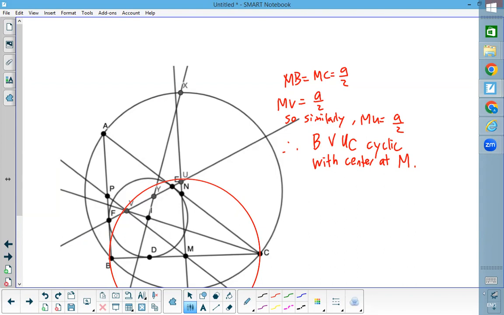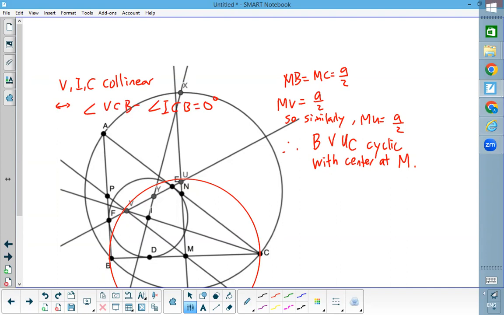And then at the end, we want to prove that point V is on the angle bisector of angle C. How do we do that? The idea is to do some angle chasing next. In order to prove that V, I, C are collinear, we want to show that angle VCB minus angle ICB is equal to 0 degrees.